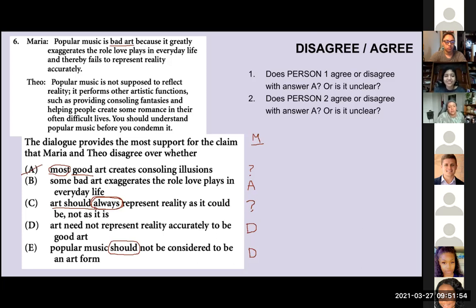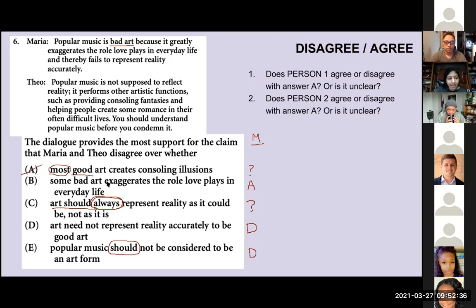And Sky, if you had to summarize what Theo said in your own words, what would you say Theo's point of view is? It sounds like he's just saying to give it a try before judging it, and that popular music can be a variety of forms and not necessarily reality. Yeah, exactly. Theo's saying, well, popular music doesn't have to represent reality. There are other artistic things that it does, and he gives a couple of things that popular music does.